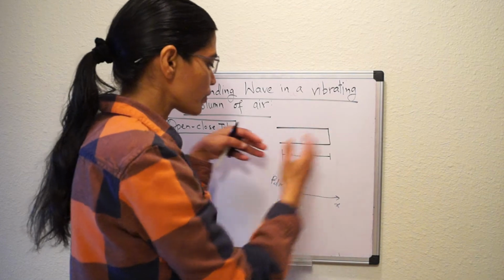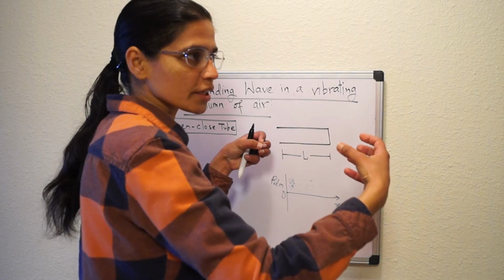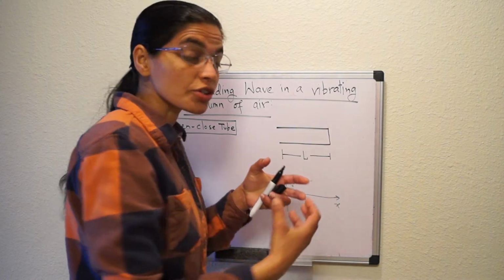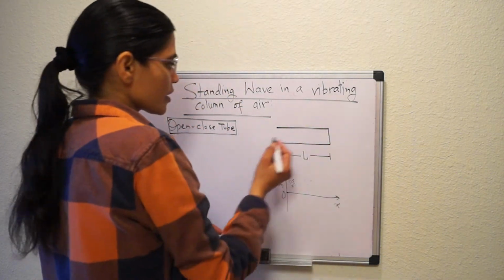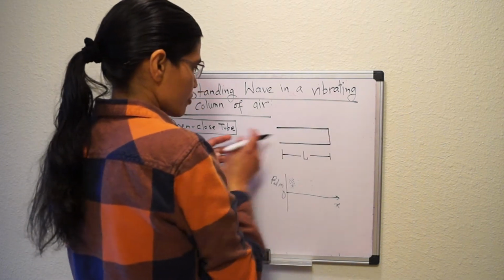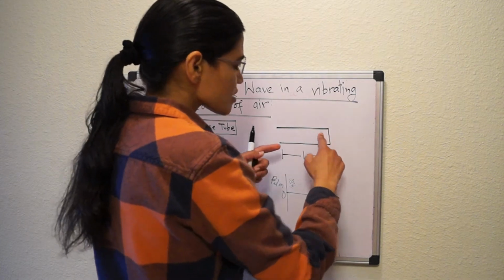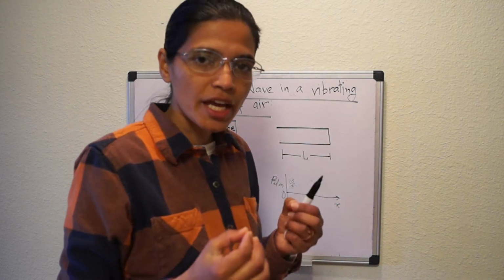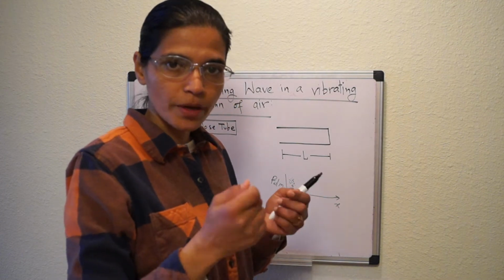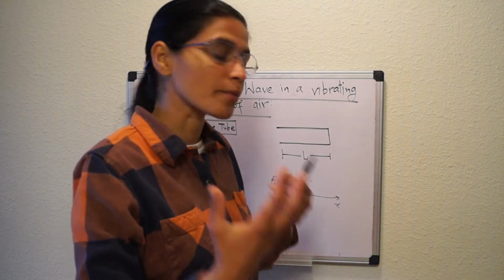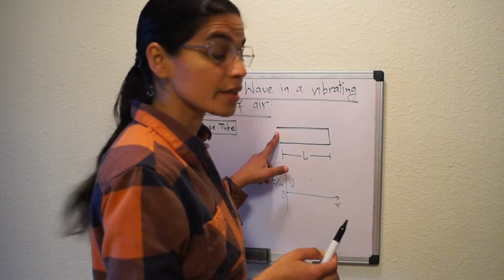When it reflects back, the molecules become rarefied, creating a region of lower pressure. There is a maximum change of pressure at this end in comparison to the other end.